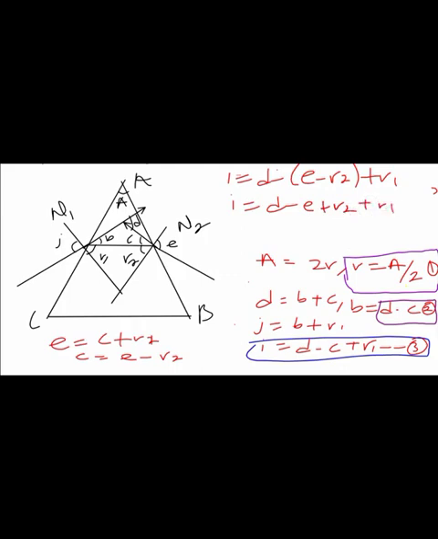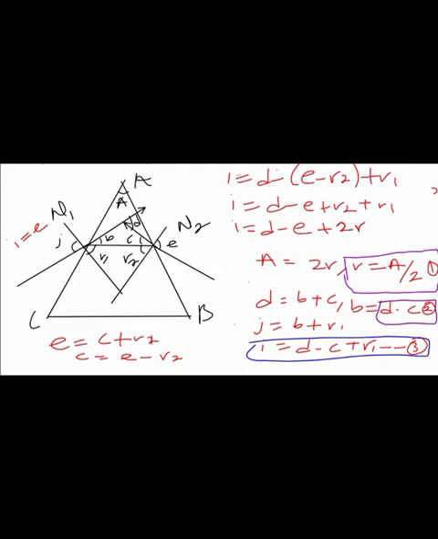And we remember that we said that at minimum deviation R1 and R2 are equal, and we take both of them to be R. And also we have to note another thing, that at minimum deviation I is equal to E. So we have that I is equal to D minus E. Since R1 and R2 are equal and we took them as R, R plus R will be equal to 2R.